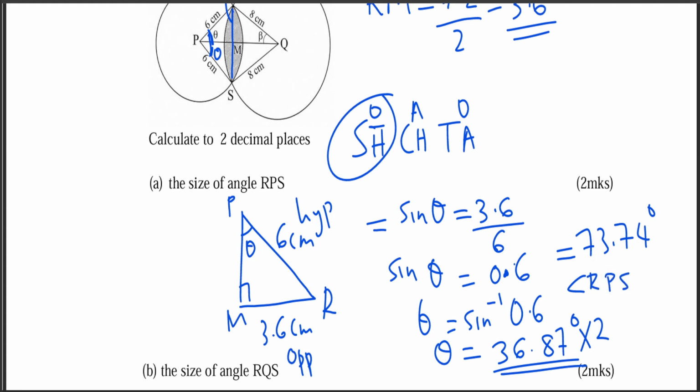To two decimal places, you write to two decimal places, so be careful. So this is our answer, don't write your own things. This is our final answer.